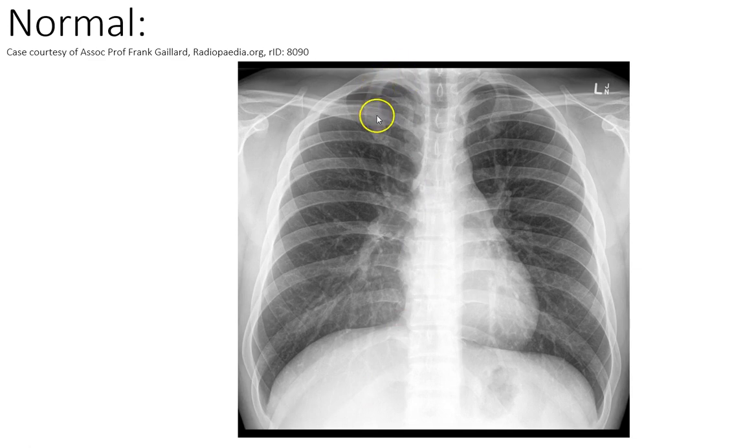I've always counted them from the lateral aspect. So I count this change here: 1, 2, 3, 4, 5, 6, 7, 8. So this person's actually a bit hyperinflated. Normally, we've got 1, 2, 3, 4, 5, 6.